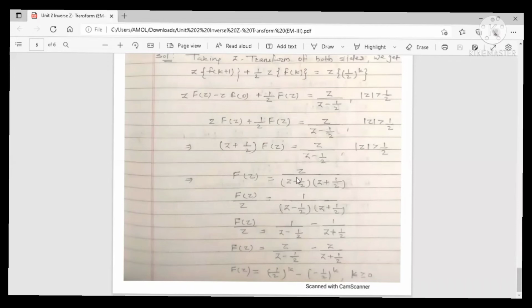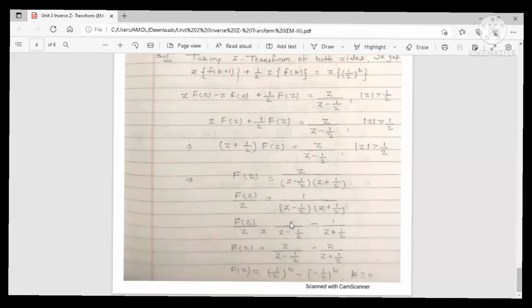Now we do the partial fraction of f of Z upon Z. So we transfer the Z to the denominator of the LHS. So the term is f of Z upon Z is equal to 1 upon Z minus half into Z plus half. Now you separate these two terms in the denominator of the RHS by using the partial fraction method.